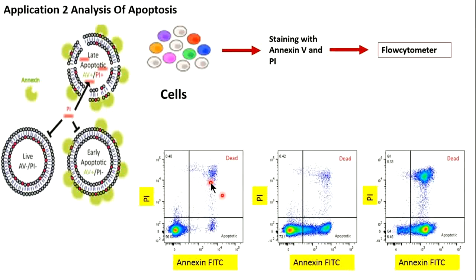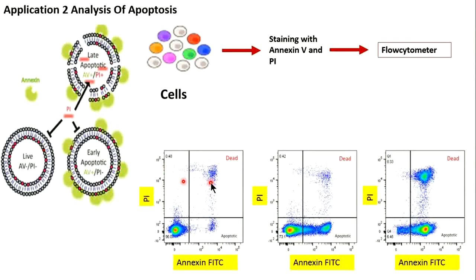These cells are annexin positive and PI positive also. So these are the double positive cells, right? Double positive means apoptotic death. These cells are already dead because PI has entered them, and since they are also positive for annexin, it means the reason for cell death is apoptosis.